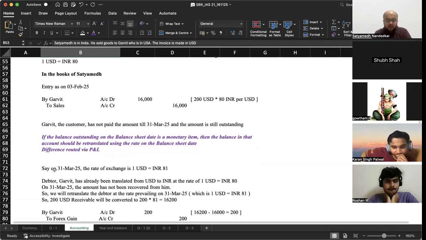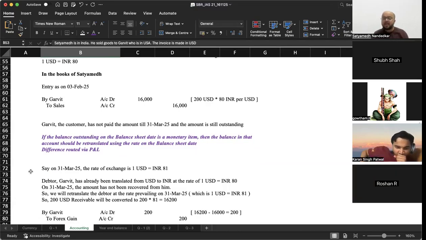Okay, so on 31st of March 2025, the exchange rate is $1 equal to 81. Garvit the debtor has already been translated from USD to INR at the rate of 1 USD equal to 80 rupees. On 31st of March the amount has not been recovered from him.